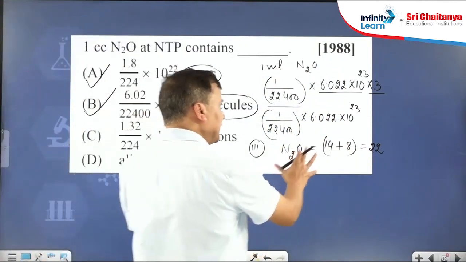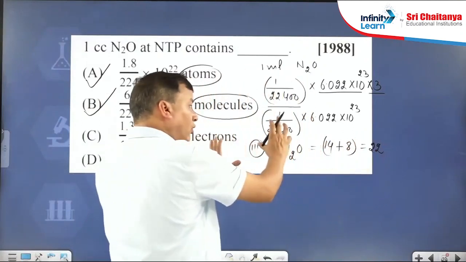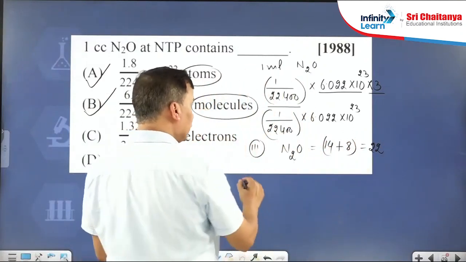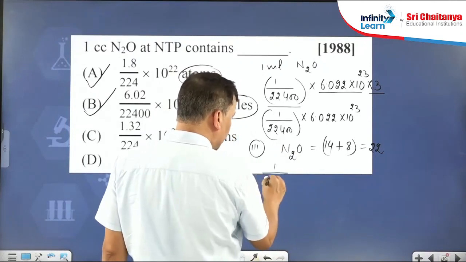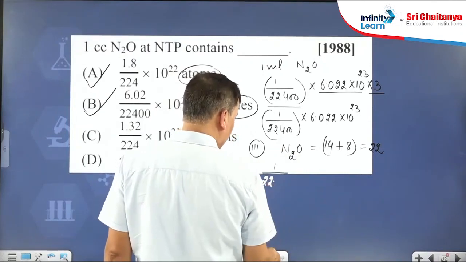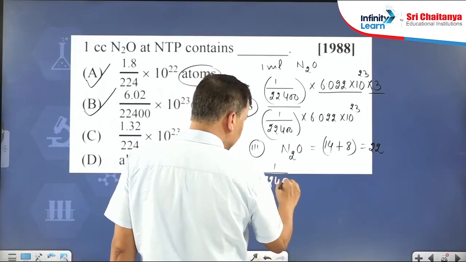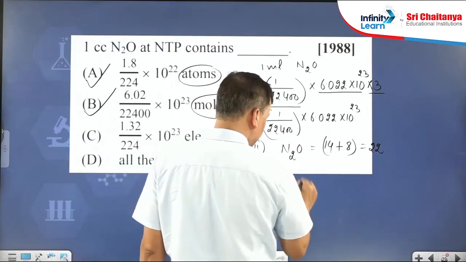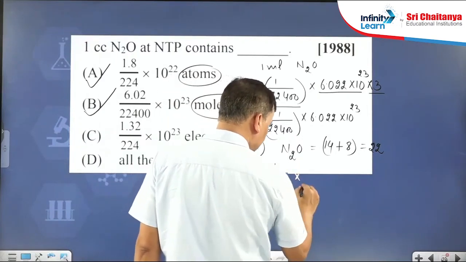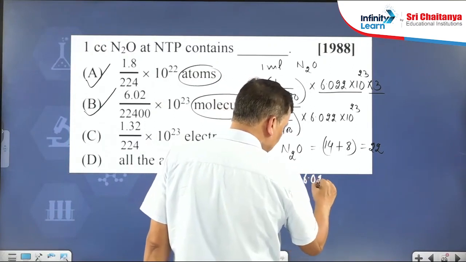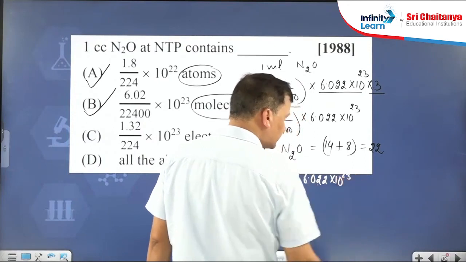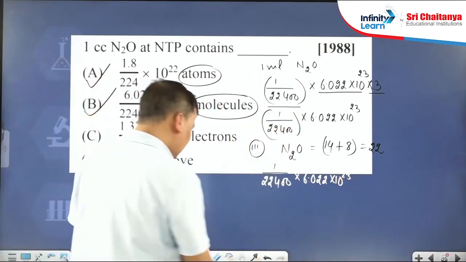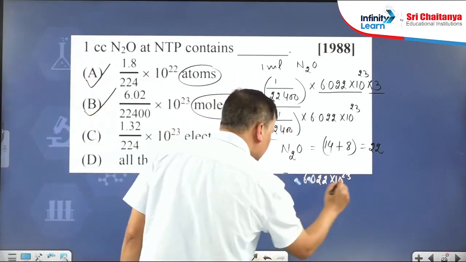Dear friend, these are the number of electrons present in one molecule. So how many molecules do we have? 1 upon 22,400 into 6.022 into 10 raised to power 23. Is that clear? So I am writing this one here.